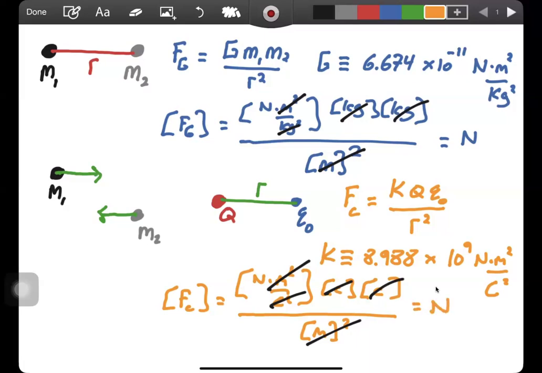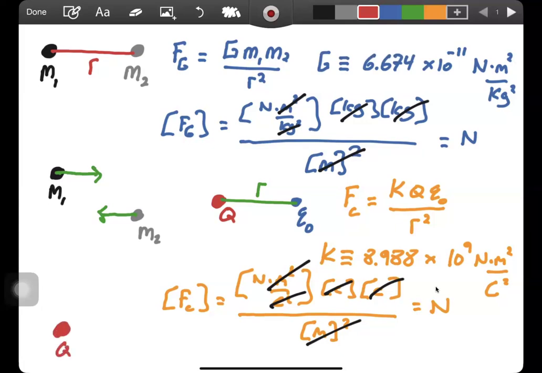So I'm hoping you can see the similarities in the structure between the gravitational force and the Coulomb force. But a big difference is that the gravitational force is always attractive. It's always, say, mass 1 being gravitationally attracted towards mass 2, and mass 2 being gravitationally attracted towards mass 1. But when it comes to the Coulomb forces, it depends on what the sign of the charges are.